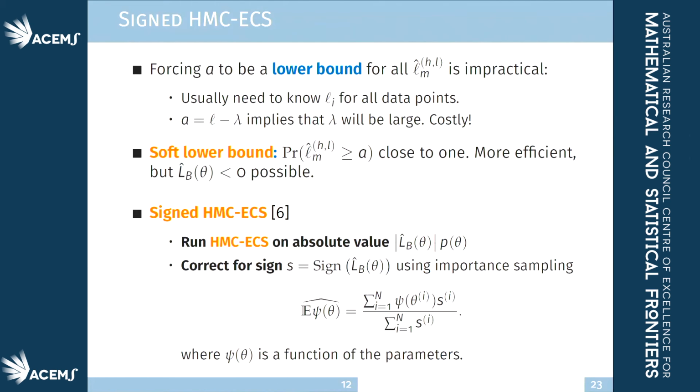So to get, for example, the posterior expectation of a function psi of theta, S is the sign of LB hat, so we run importance sampling to correct for that. And that sort of gives us an exact result, not for the whole distribution of theta, but for any function of theta.